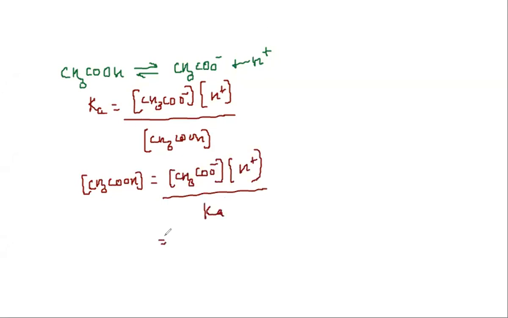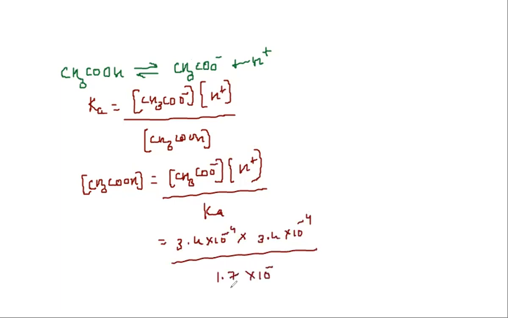What is the concentration of CH3COO minus they have given? H plus ion concentration is 3.4, which means that much CH3COO minus will be there. Therefore, 3.4 into 10 raised to minus 4 into 3.4 into 10 raised to minus 4, the whole divided by Ka, which is 1.7 into 10 raised to minus 5.